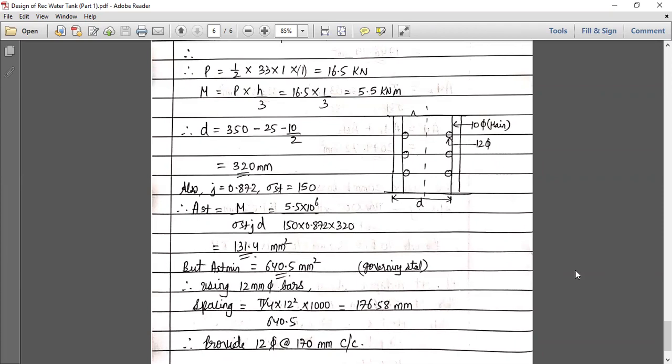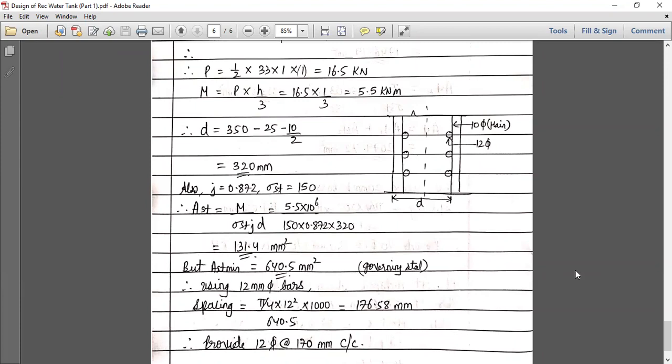Write in the chat box. Okay, so minimum steel will be governing. So provide the minimum steel. I think 700 something is the minimum steel.